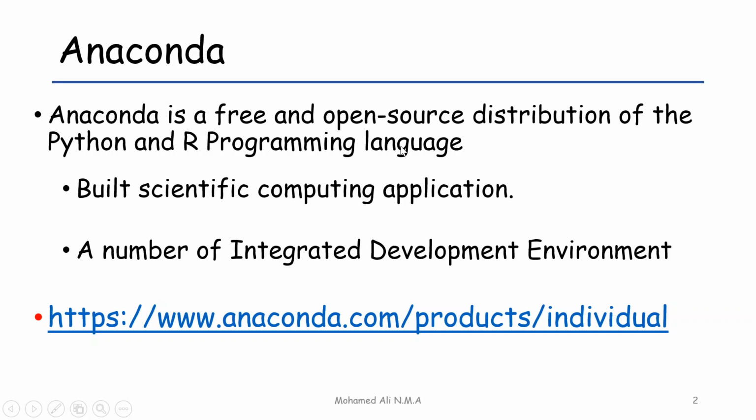You can download and install it in your computer, so that the Python interpreter and a set of IDEs, integrated development environment tools, are available along with Anaconda. We can use those tools for writing and developing Python programs.